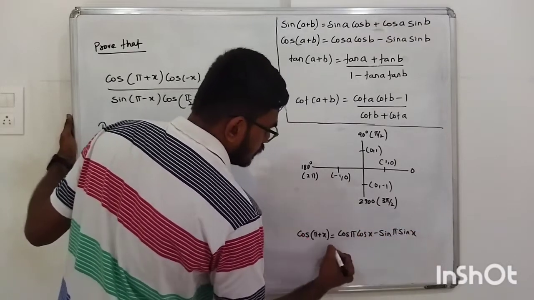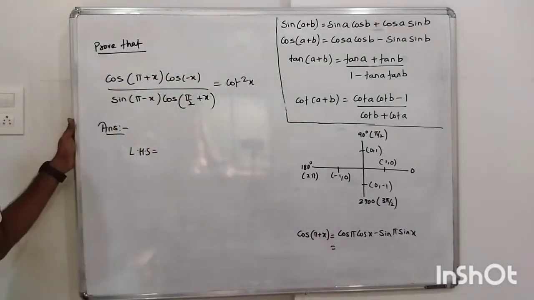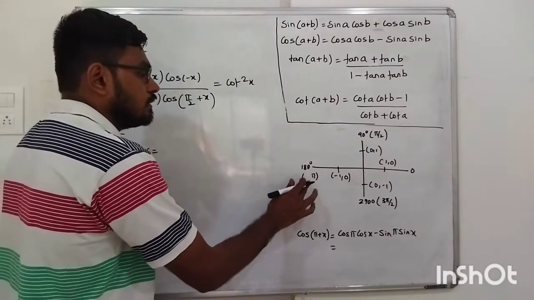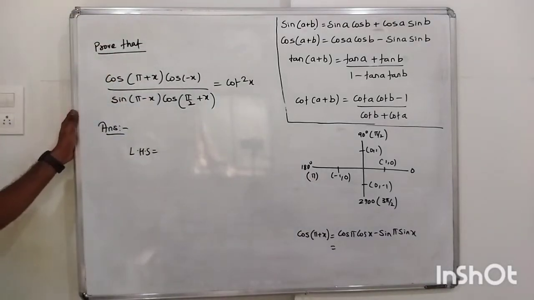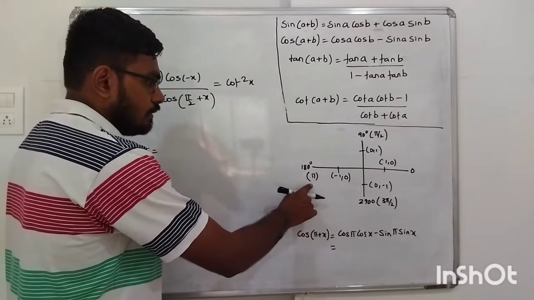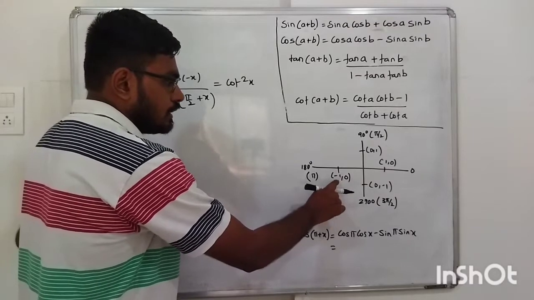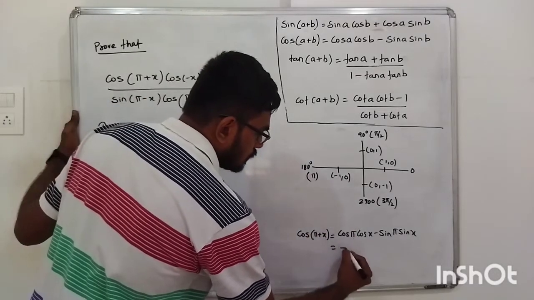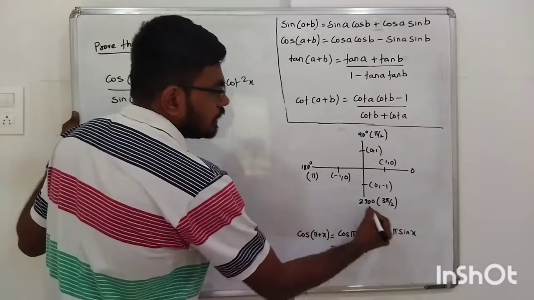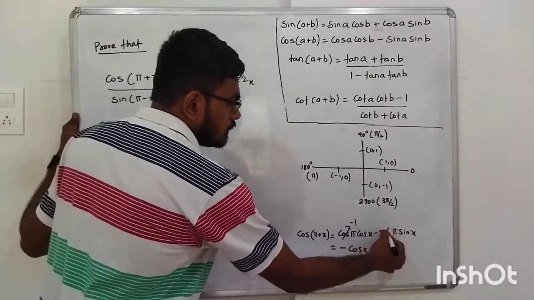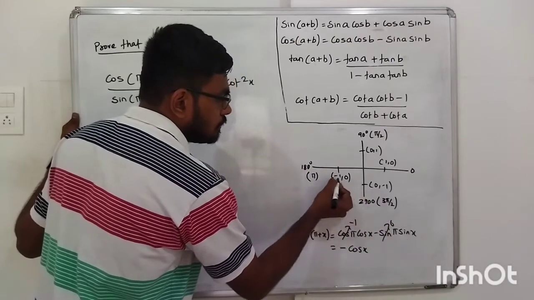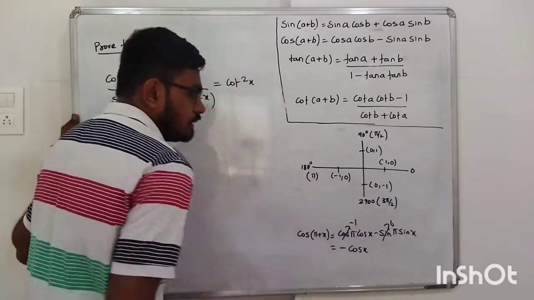What is cos pi? Cos pi is minus 1, so minus 1 into cos x is minus cos x, and sin pi is 0. Cos pi is this, sin pi is this. The answer is minus cos x.